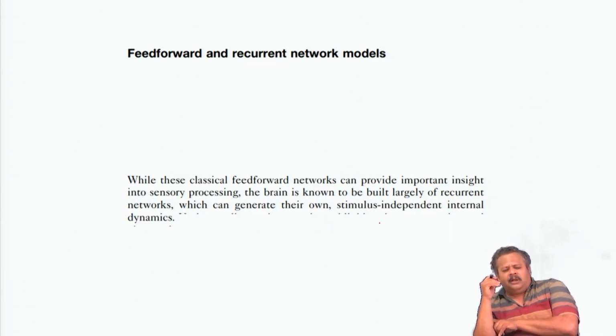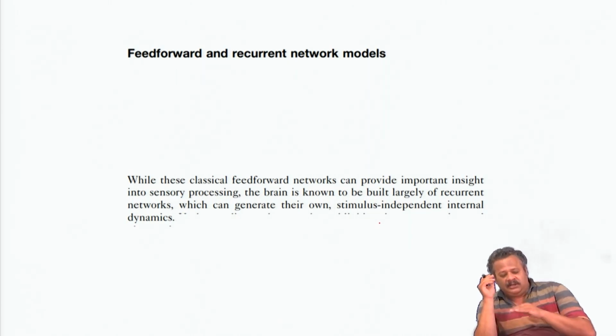So a lot of the visual system can be explained with feed forward processing. However, with more and more experiments, we clearly know that the brain is largely recurrent in nature, that there is a tremendous amount of recurrence within each layer of representation.